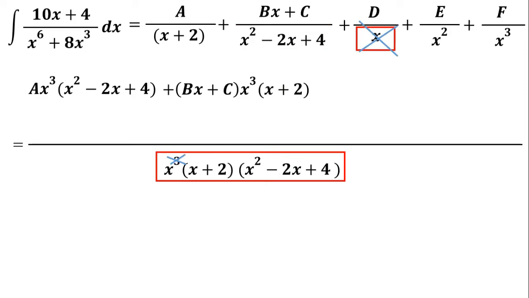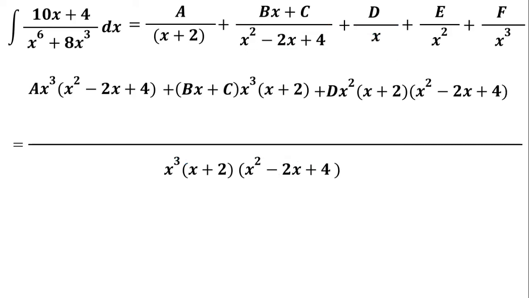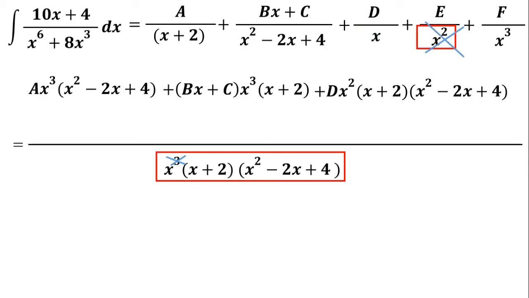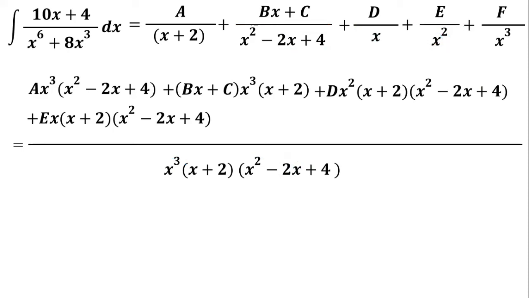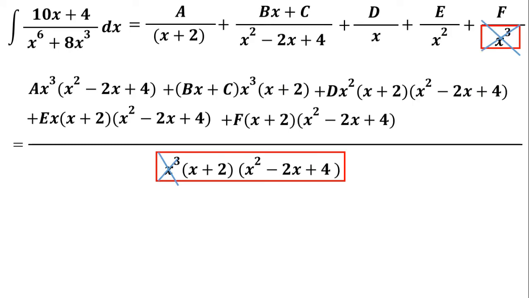So the missing part is x power 2, small bracket and long bracket. Similarly, for the denominator x power 2, the missing part is x times small bracket times long bracket. And similarly, we compare the denominator of f with the common denominator. So the answer will be the small bracket and the long bracket.